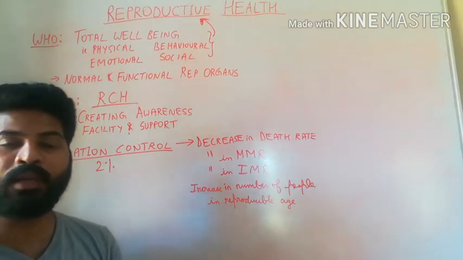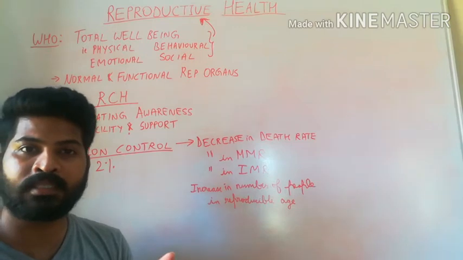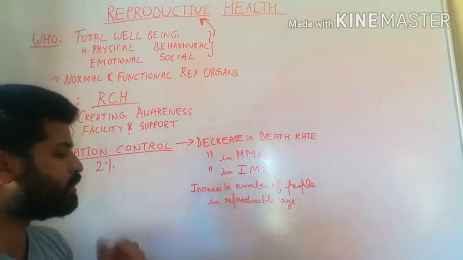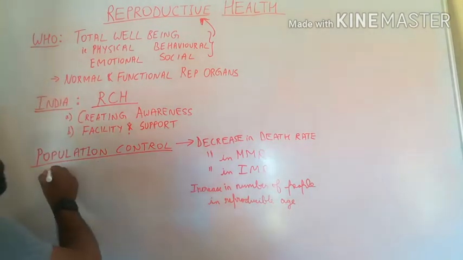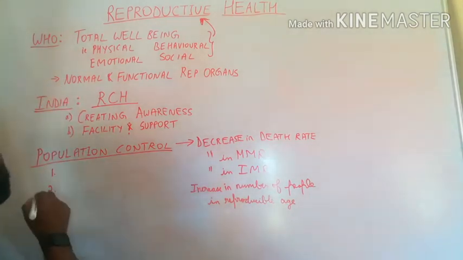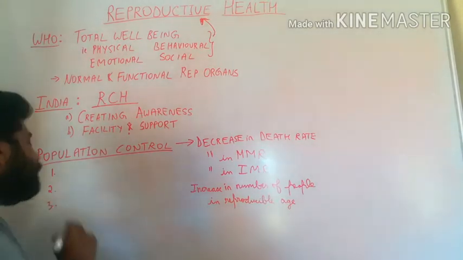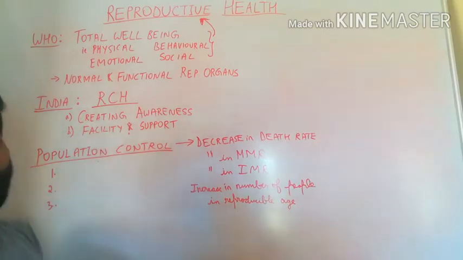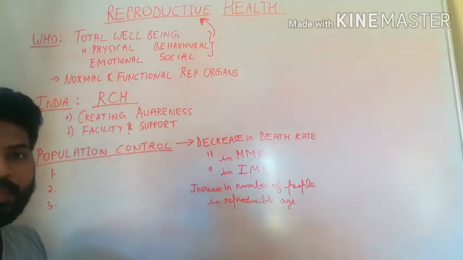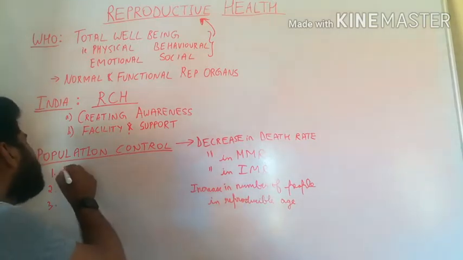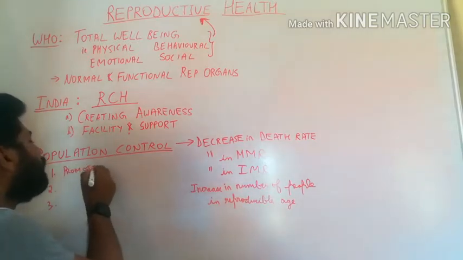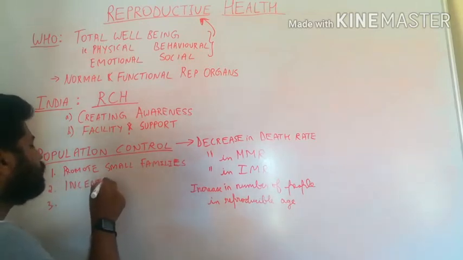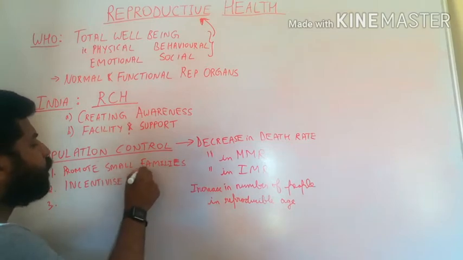Therefore, one of the important tasks the government has is to control the population explosion, for which the country has undertaken 3 major plans. Plan number 1 to control population explosion is to encourage or promote small families and to incentivize small families.